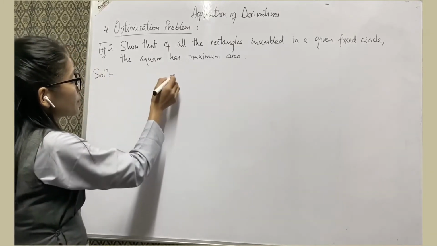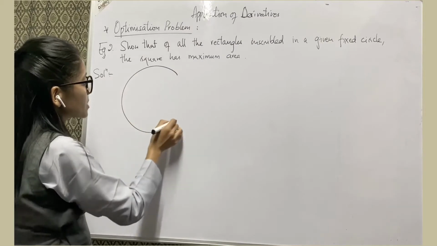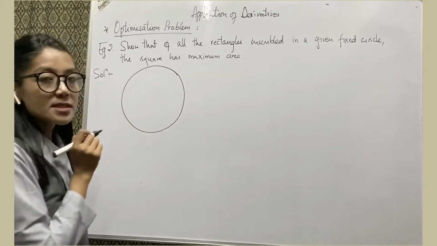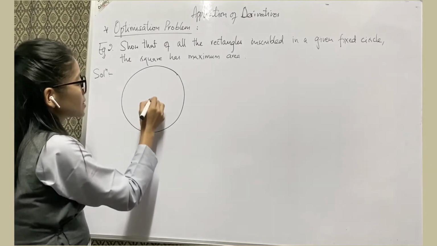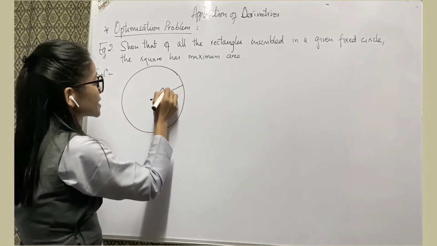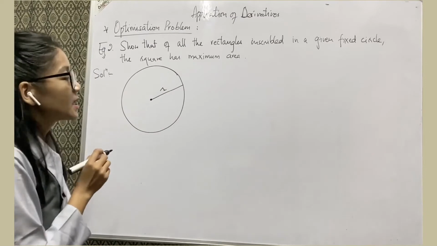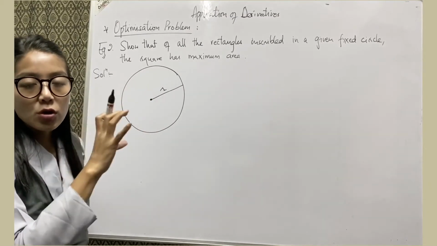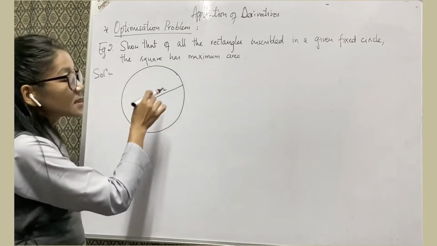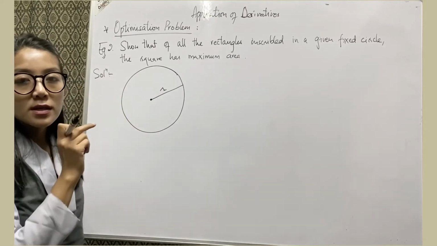So first let me explain this question using a rough figure. There is a fixed circle, which means the radius is fixed, it's constant. Now in this circle you can inscribe, which means you can draw a rectangle in the circle touching all its vertices.